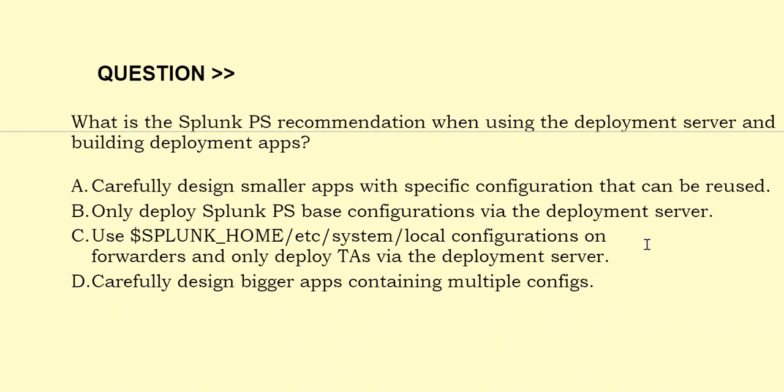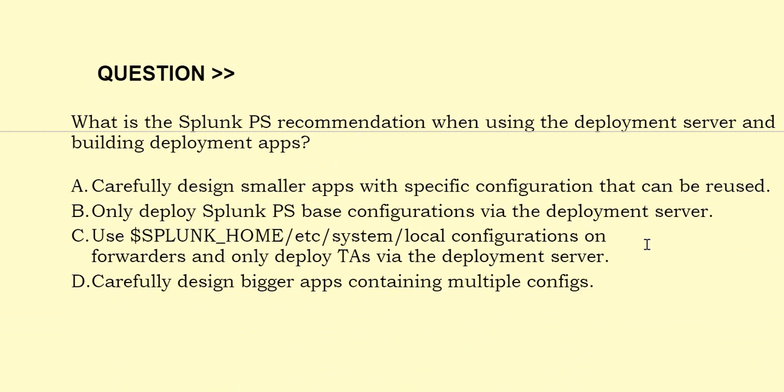Our next question is, what is the Splunk PS recommendation when using the deployment server and building deployment apps? Option A. Carefully design smaller apps with specific configuration that can be reused. Option B. Only deploy Splunk PS base configuration via the deployment server.